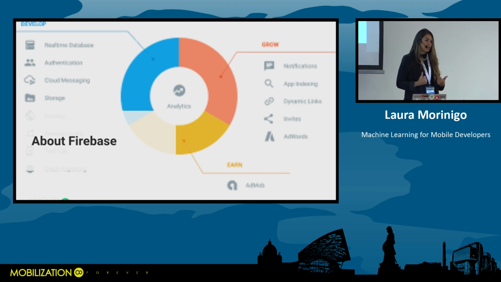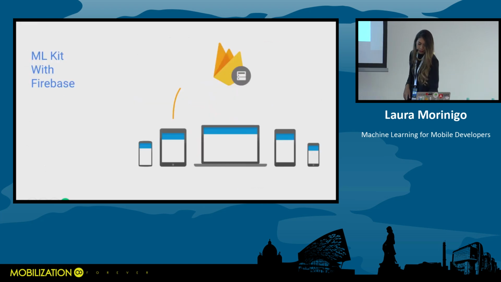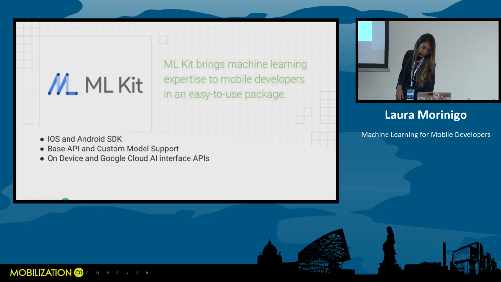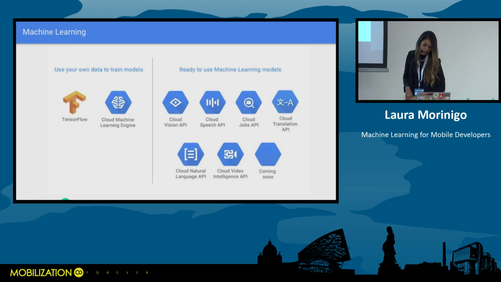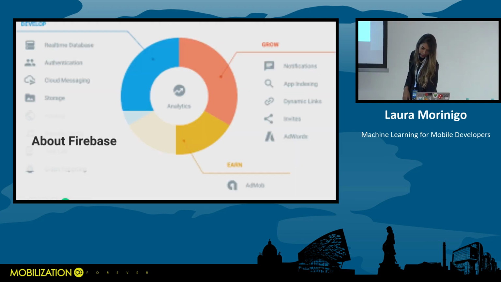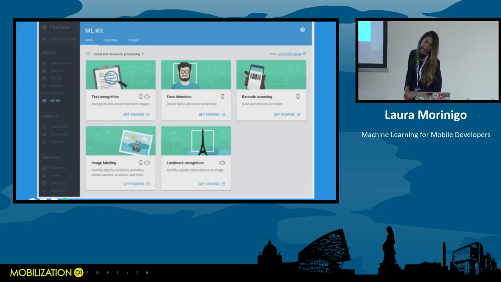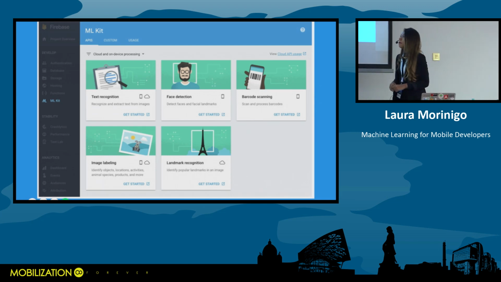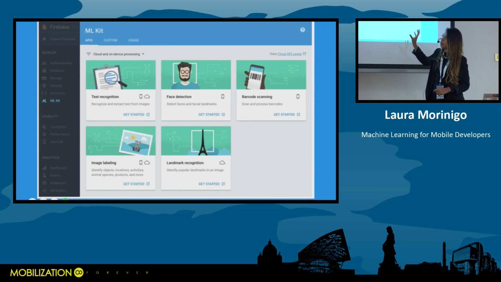But the cool thing here is that I can combine these machine learning features with Firebase features, like cloud functions and so on. Storage. If you go to Machine Learning Kit, this is how it looks in the Firebase platform.